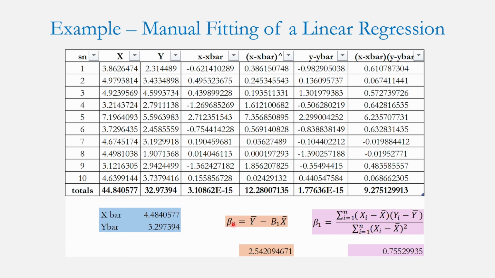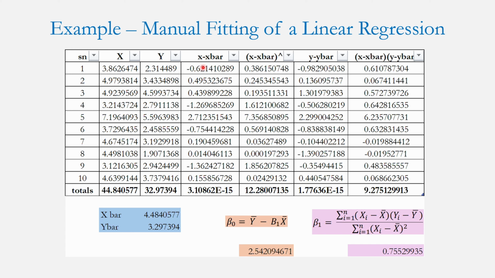X bar is the mean of all of this and y bar is the mean of this. This is just a snippet from an Excel spreadsheet. Then we need the difference between the actual observation and the mean, so x minus x bar. So when we say 3.86 minus 4.4, we get negative 0.6.